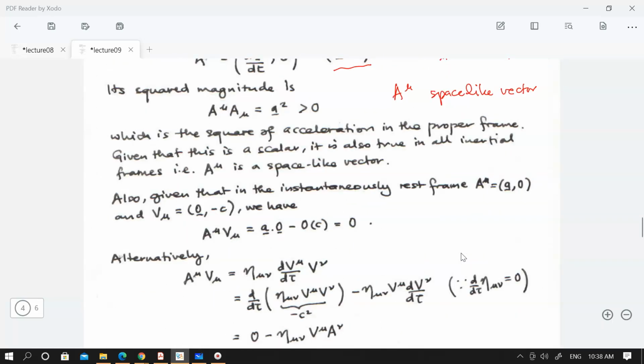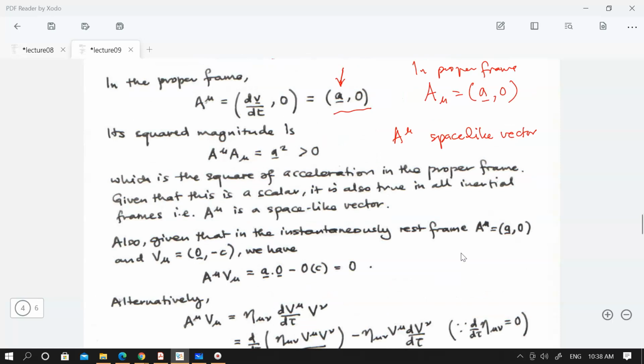So it's quite easy when you do this in a proper frame, because in the proper frame you know what the components are. So here is A0. Your components of A are given by A0, and the components for V in the proper frame are given by that.